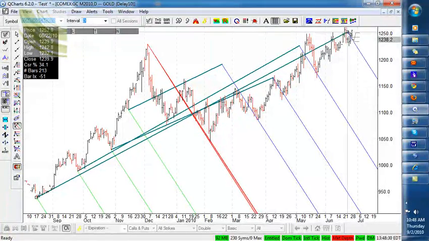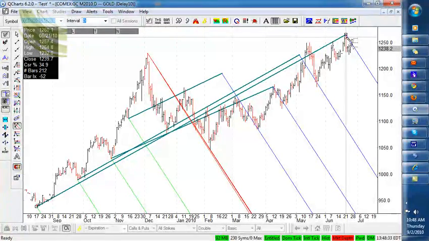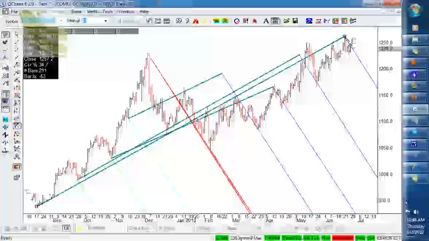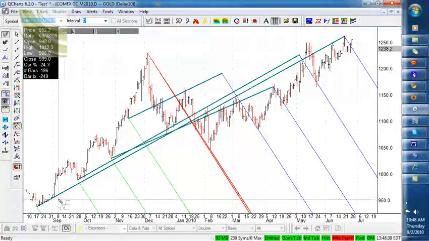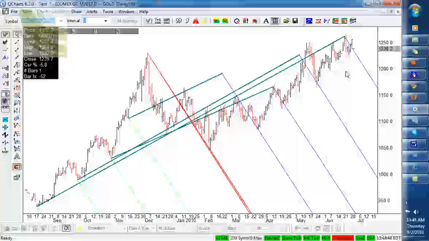That would be this line about here. And so we can see once again action and reaction are equal and opposite. So it gives you an idea of approximately where these pivots will occur.